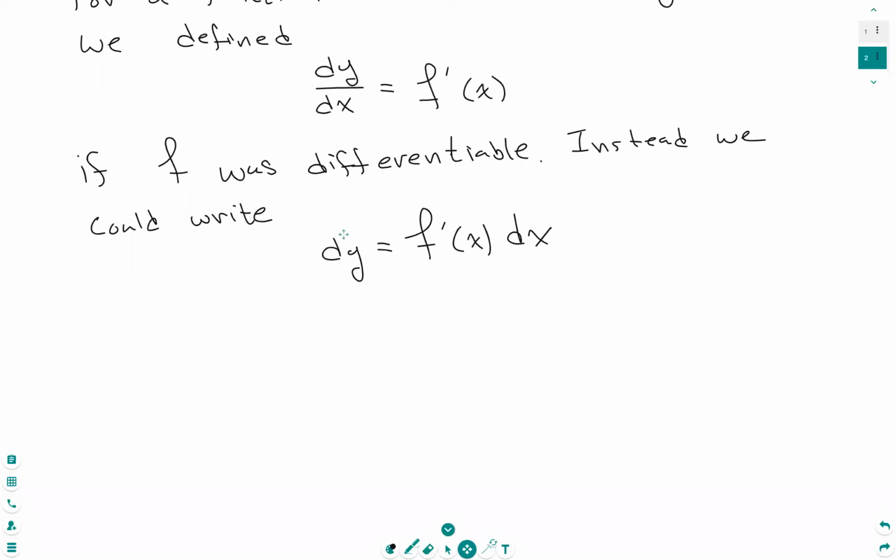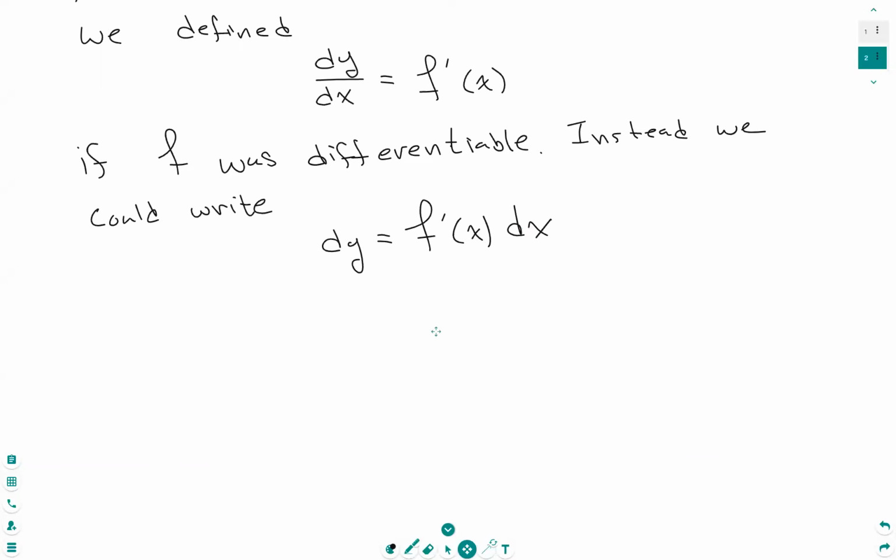This is like the change in y is this tangent slope times the small change in x. And that's completely justified. So we can think about this as not the limit, but we can use this as an approximation. This is what we were doing before with linearization.